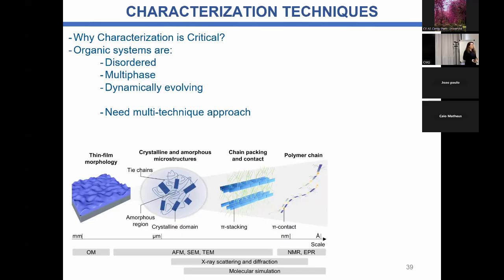kind of microscopy. So there are other techniques, for instance, atomic force microscopy, scanning electron microscopy, transmission electron microscopy, where you can see around the micro, nano, or angstrom. And if you are not seeing anything in these techniques, you must reduce with EPR, for instance, to see the lower scale.